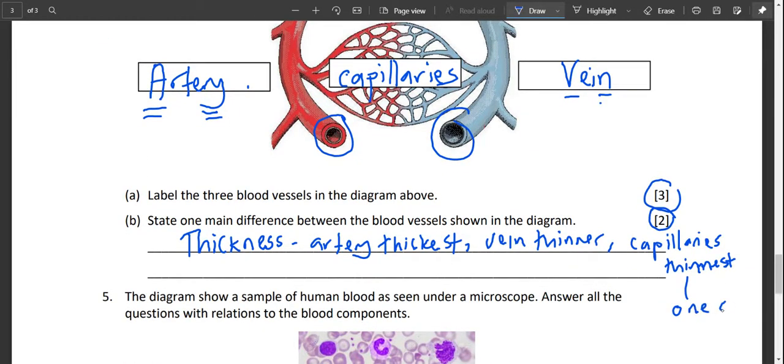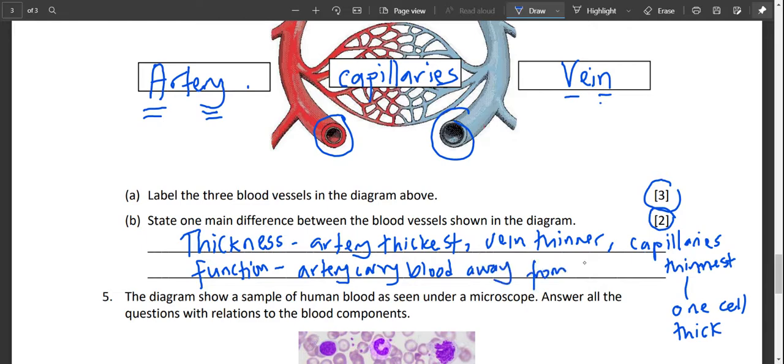This one cell thick will be very common in year 9 and above. Again, one cell thick. Another thing is you can talk about their function. Artery carries blood away from the heart, which is a very long answer, but it's still correct.